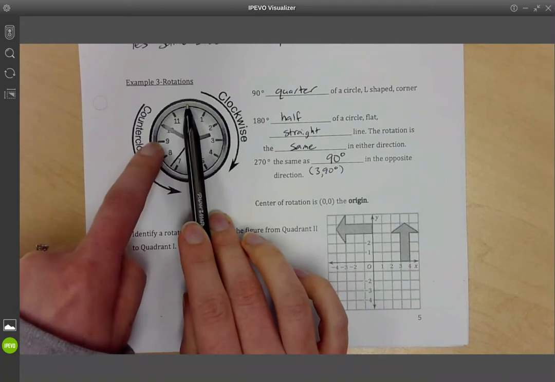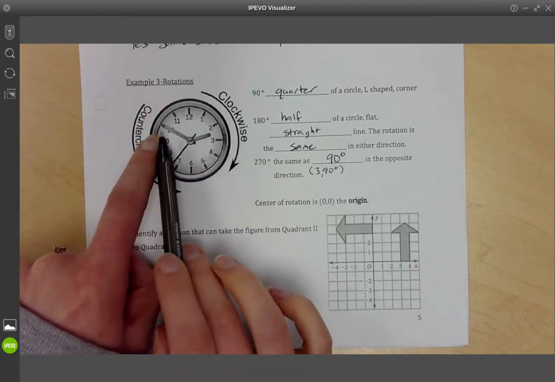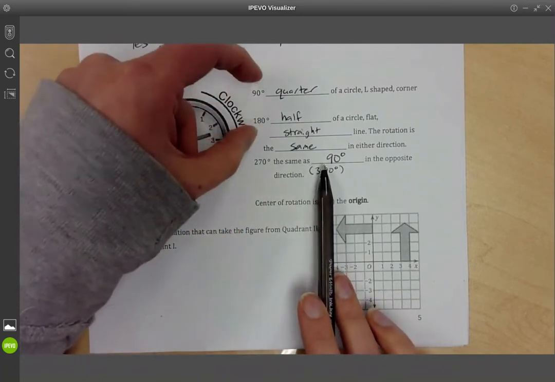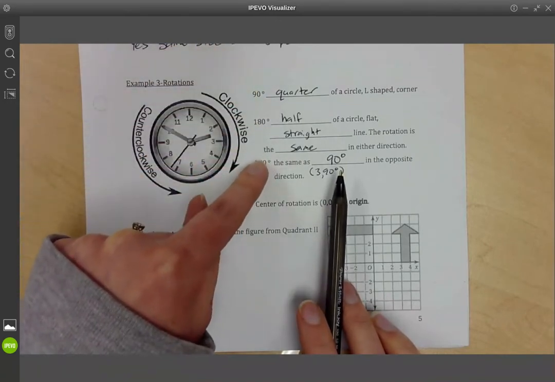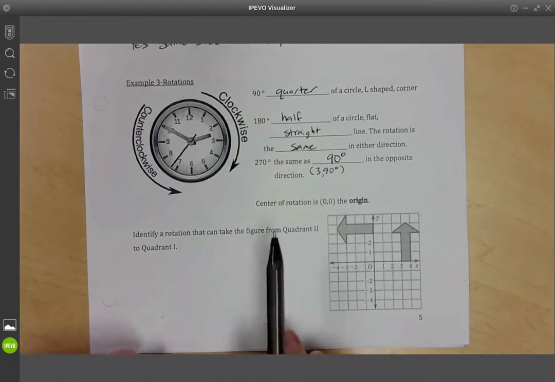Likewise, 90 counterclockwise is the same as having gone 1, 2, 3 clockwise. So we can use our knowledge of 90 and 180 and know that 270 is just going to go in the reverse direction, a quarter turn.